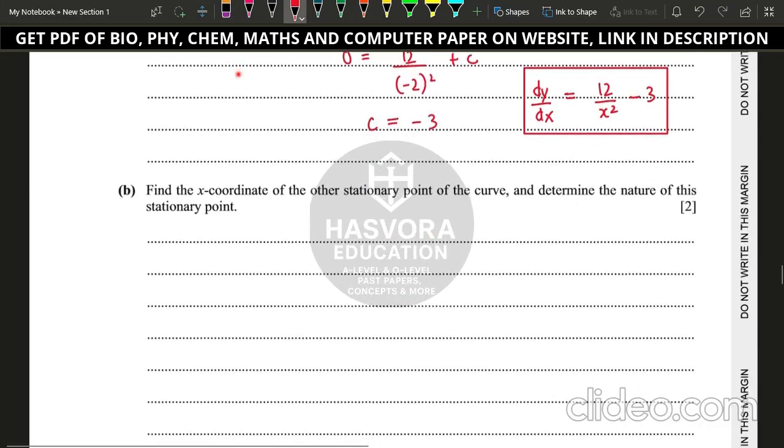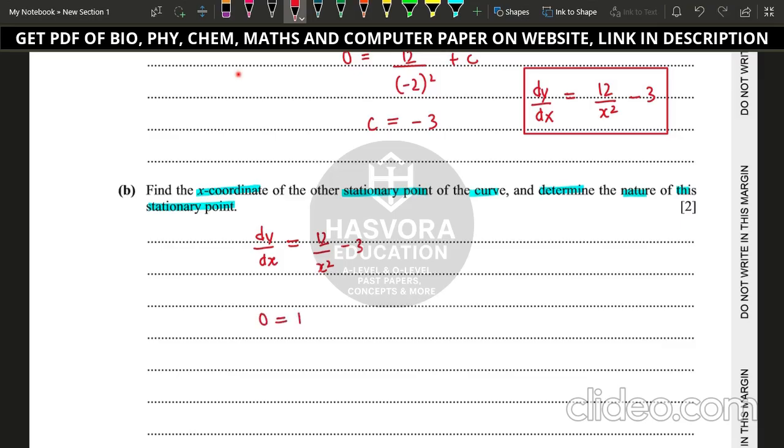Now part b says find the x coordinate of the other stationary point of the curve and determine the nature of this stationary point. First of all, we have dy by dx equals 12 over x squared minus 3. I'm going to set this equal to 0 because it is the stationary point.